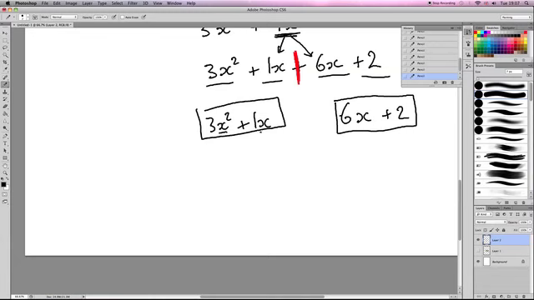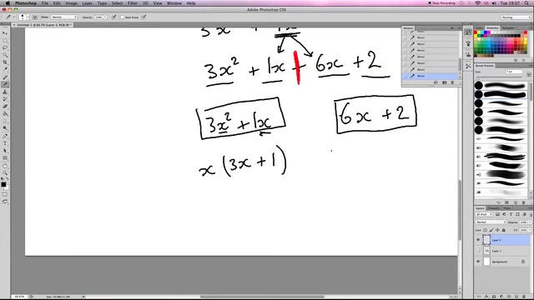If I look carefully, I've got x on both of these terms, so I can take a factor of x out of that. Essentially I can take a factor of 1 from the coefficient and an x, so 1x, or just x by itself. What I'm left with is this factor here, 3x plus 1.